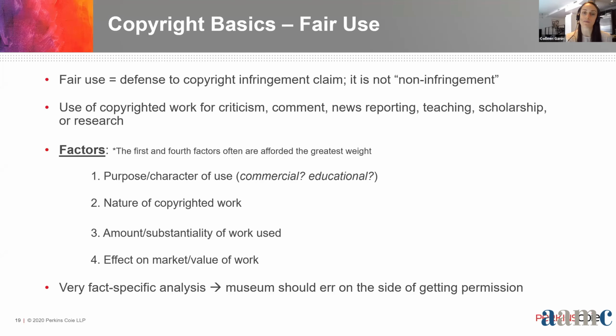The third is the amount and substantiality of the work used, and the fourth is the effect on the market for licensing the work and the value of the work. Not all factors need to weigh in favor for a use to qualify as fair use, but we want to emphasize that this is a very fact-specific inquiry, and there are no bright line rules or guidelines from Congress or courts guaranteeing that any specific use will fall within the defense. So we recommend always erring on the side of getting permission from the copyright owner.